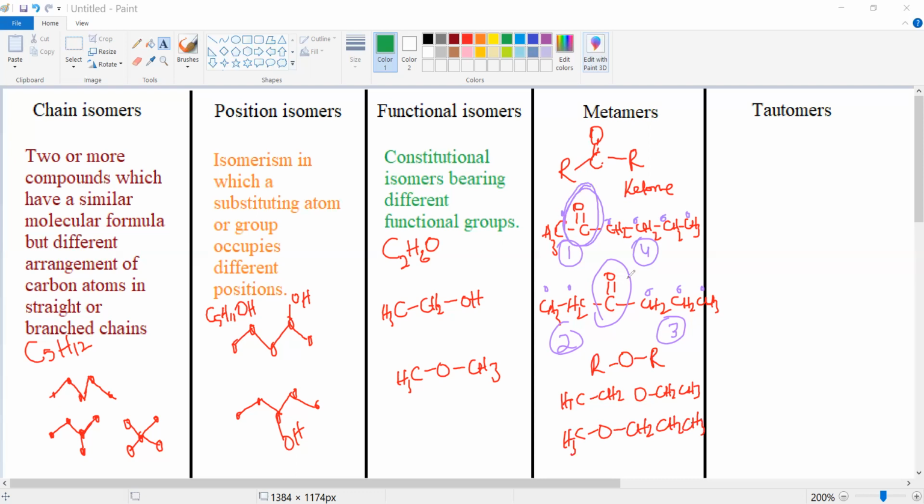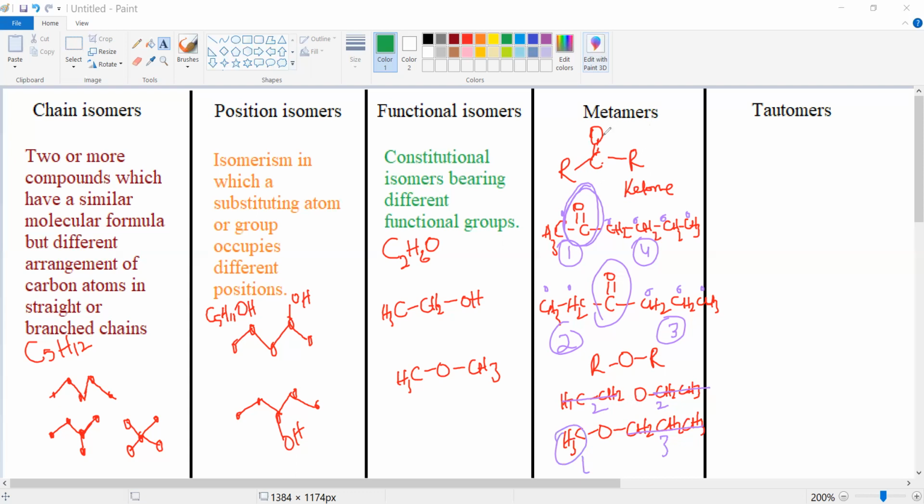Now, can you find out the difference between skeleton number 1 and 2? Here we have 2 carbon and 2 carbon R groups, while in the second one we have 1 carbon and 3 carbon R groups. So 2 and 2 versus 1 and 3, these two are different, but their molecular formula would be the same because the number of carbon atoms, hydrogen and oxygen atoms are the same.